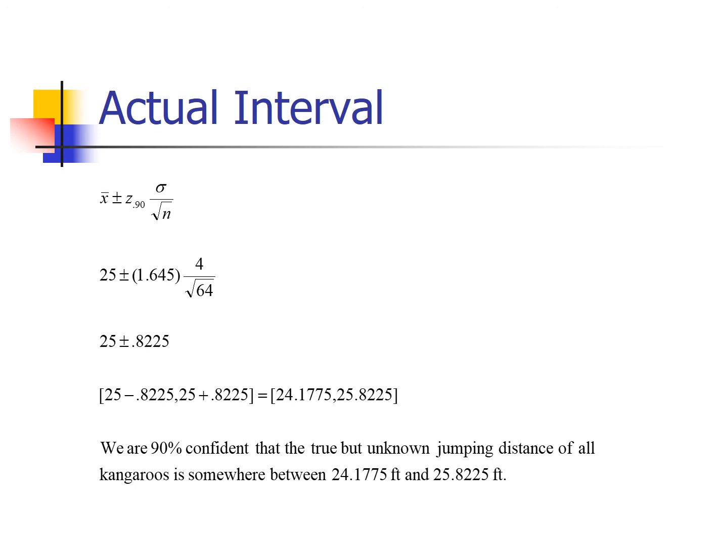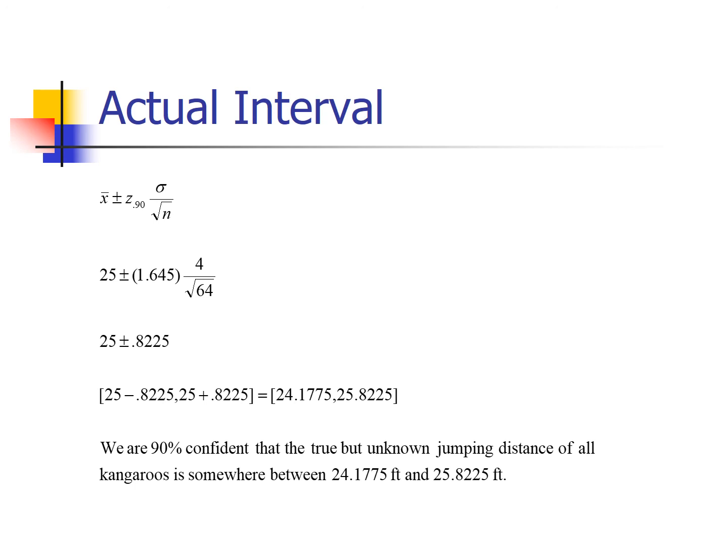Plug all that in. We get 25 plus or minus 0.8225. So that 0.8225, it's our margin of error. So our confidence interval is 25 minus that to 25 plus that. So our confidence interval ranges from 24.1775 to 25.8225.